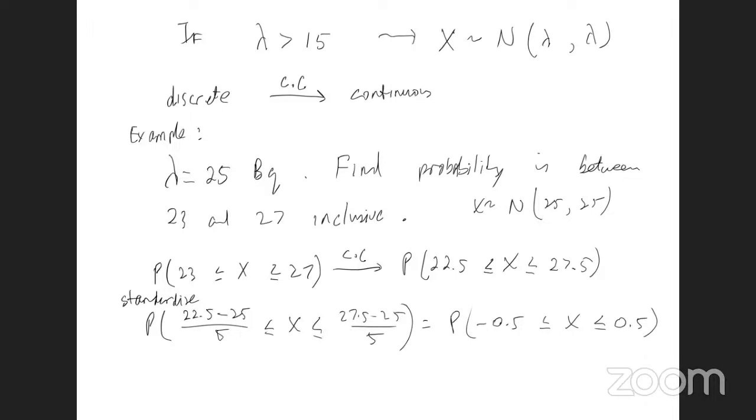How much did you get there? Go to your table, and if you rearrange it, you should get 2 phi of 0.5 minus 1. How much is that? 0.383. All right, nice.